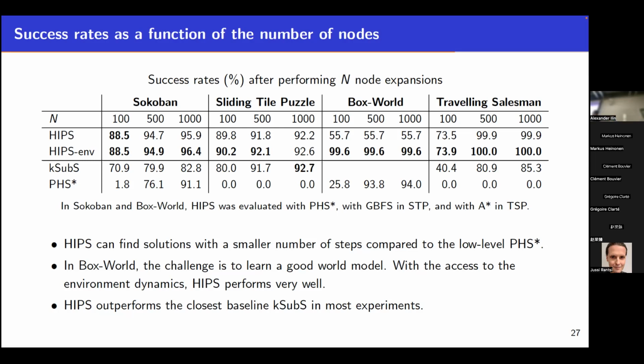For example, PHS star is a kind of low-level search where you try to solve the puzzle using the low-level actions without any high-level planning. So you can see that, for the sliding tile puzzle, our agent is able to solve many puzzles with, let's say, 100 node expansions only, and low-level search is not able to solve any of those puzzles.